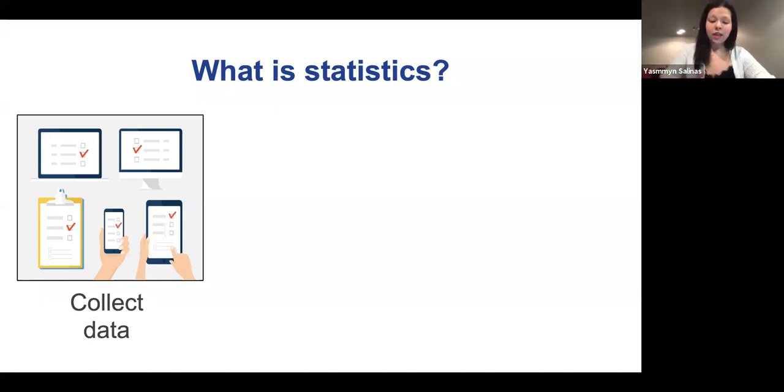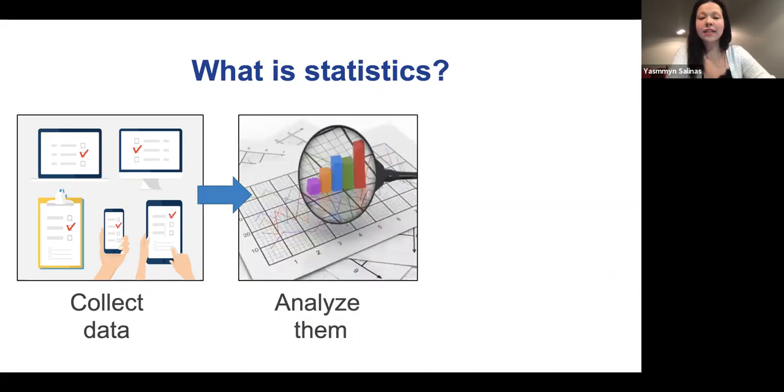This could be using surveys or phone interviews, or maybe doing some sort of biological assays to get different types of data, different information or observations from people or other subjects. The other thing statistics involves is helping us figure out the most appropriate methods to analyze these data.